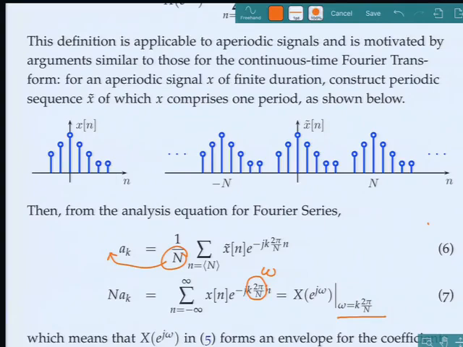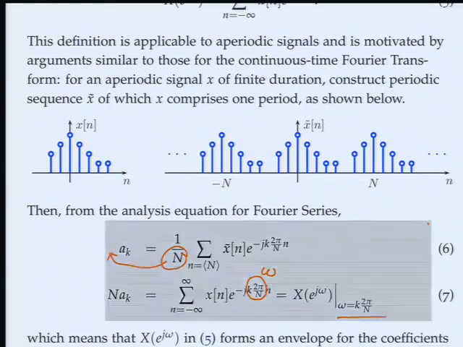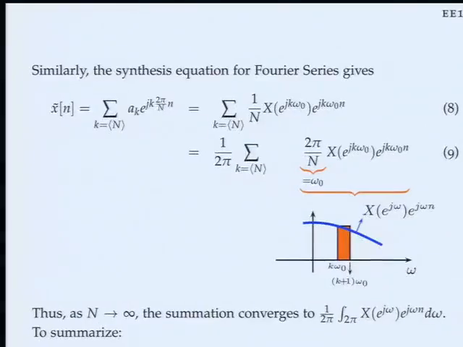Okay? All right, and a justification similar to that exists for the synthesis equation to reconstruct a signal from its Fourier transform. And that follows similar reasoning to CTFT as well. We did this there, I don't know if you remember. If you don't, compare the notes, you'll see similarities.